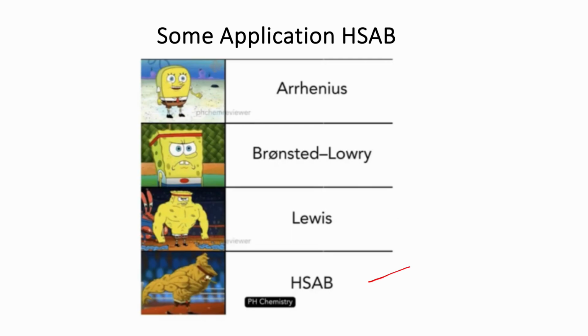Okay, this is the reason why you study the first three before you encounter your HSAB, because the definition itself goes back man din sa first 3 definitions, but your HSAB now is a lot more powerful because it could actually predict the stability of your reaction and the direction of your reaction, no? Okay, so very powerful si HSAB. Ang pinaka-kengkoy, si Arrhenius, sumunod si Bronsted-Lowry, sumunod si Lewis, tapos ang pinaka-powerful would be HSAB.